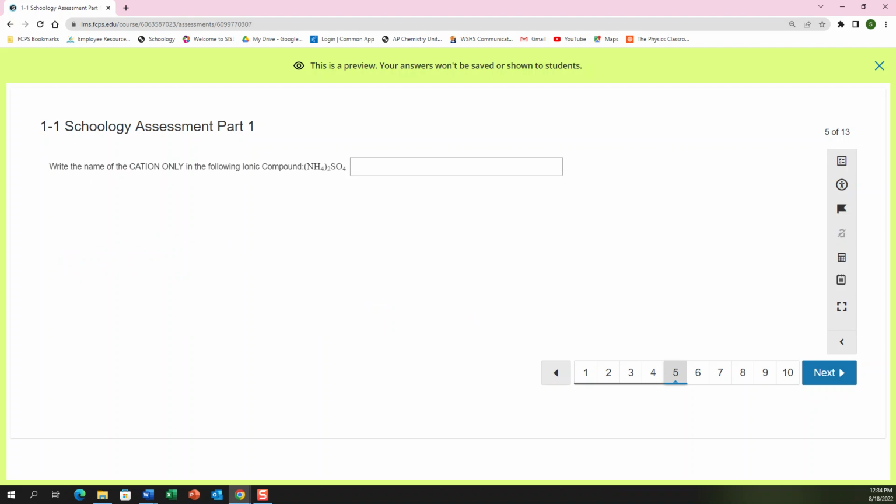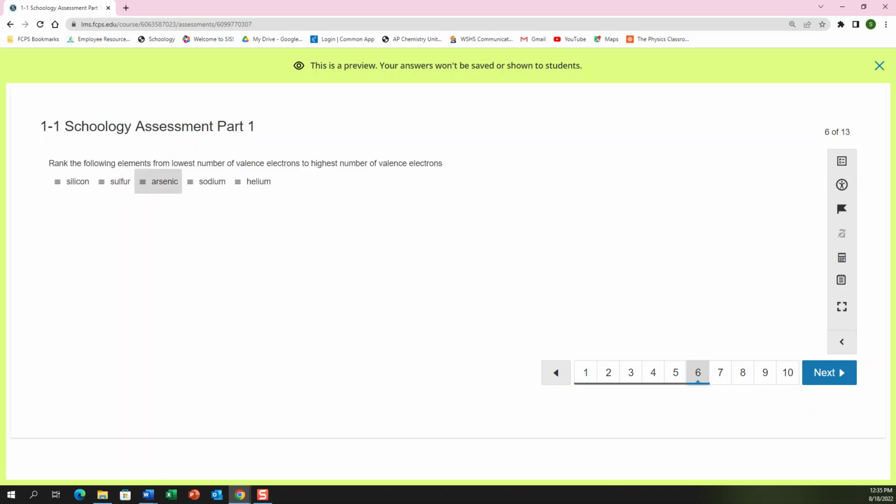Okay. Write the name of the cation only, again, just the cation of this ionic compound. So the full name of this ionic compound would be ammonium sulfate, but again, just the cation. Remember, NH4 is ammonium. All right.